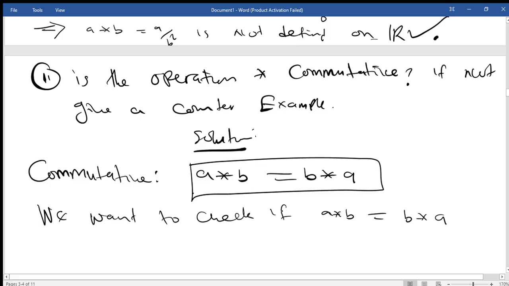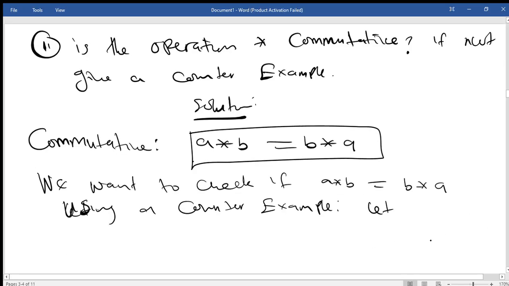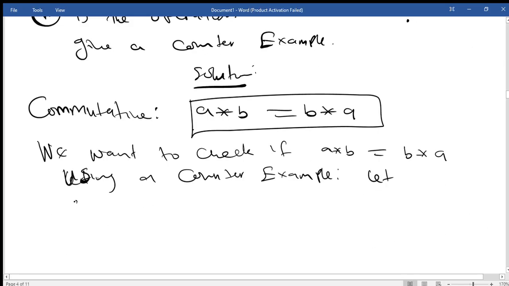So we can start by trying to use a certain counter example. Let A be equal to 1 and also B be equal to 2.